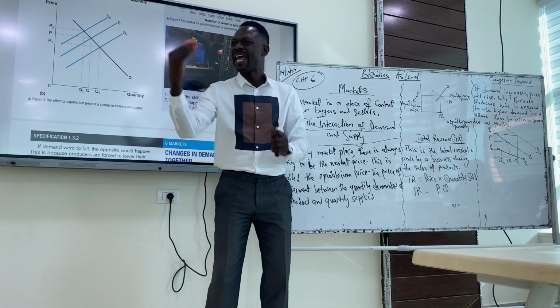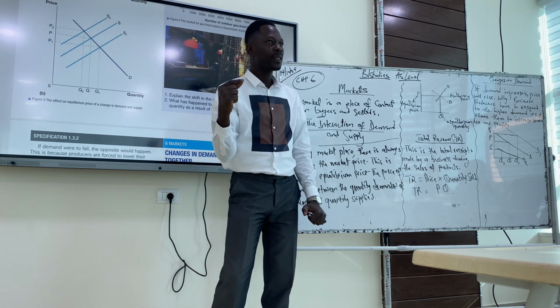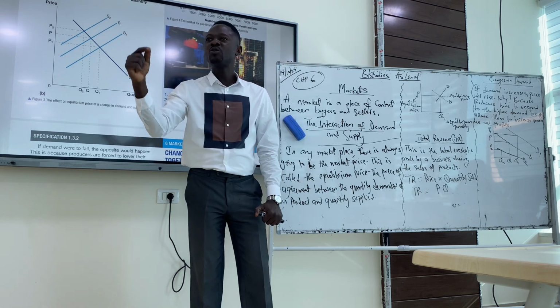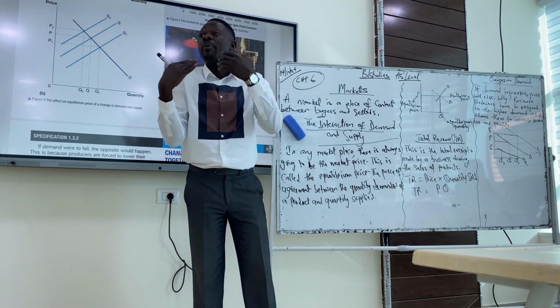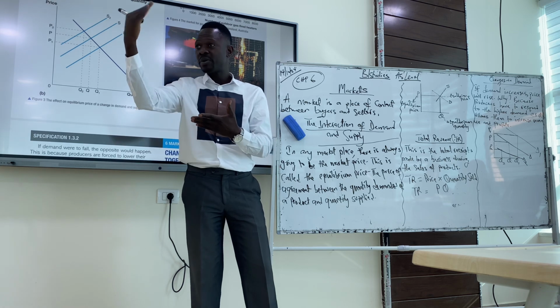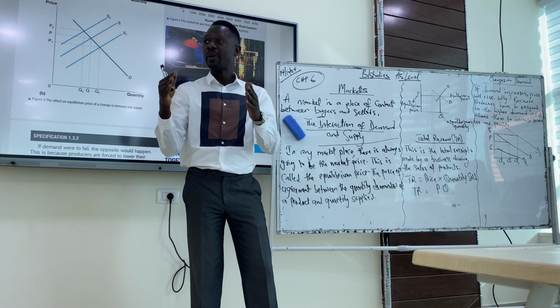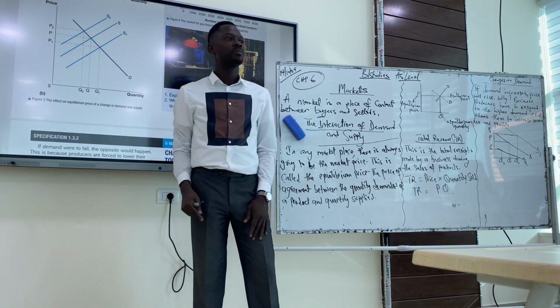So to reduce the excess, because excess represents disequilibrium, firms would need to reduce their price because consumers are conscious about price. They only want to buy more when the price is favorable. So for the price to be favorable, it has to come from P1 to P2. At that point in time, supply is more, price is less. The consumers will buy more. The market will come back to equilibrium.